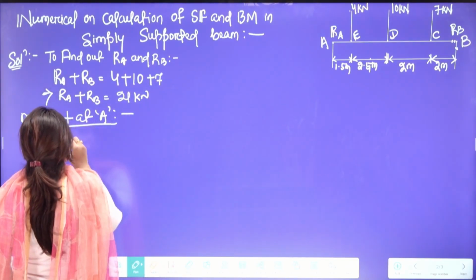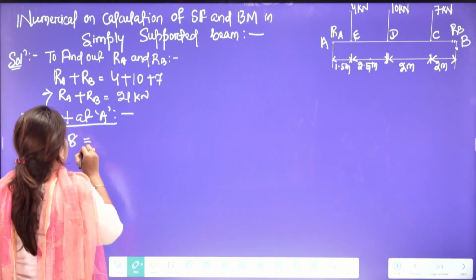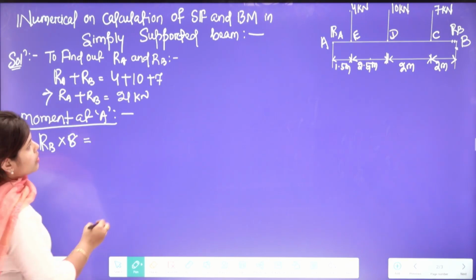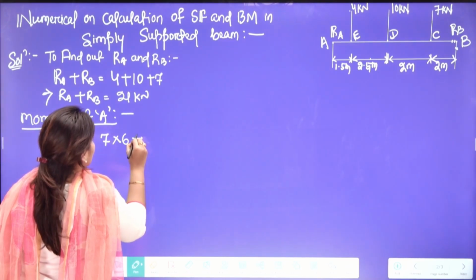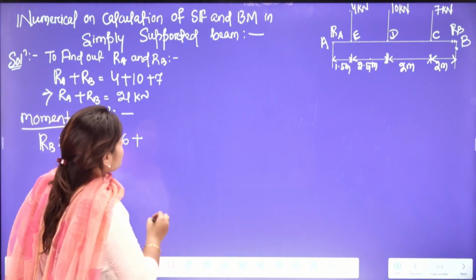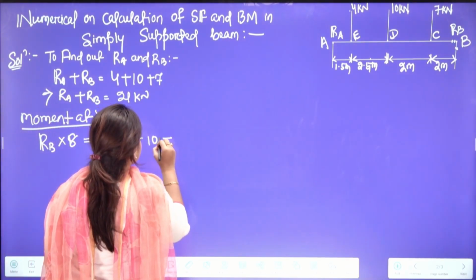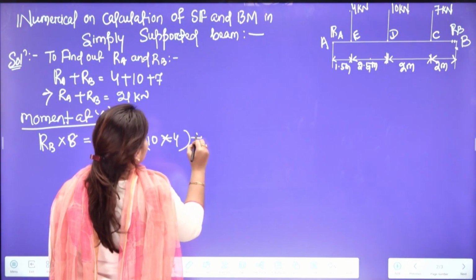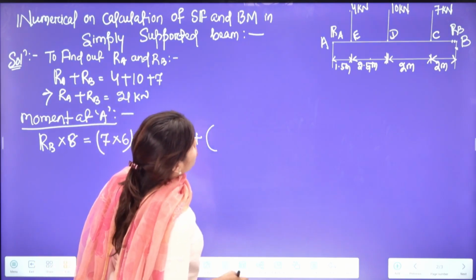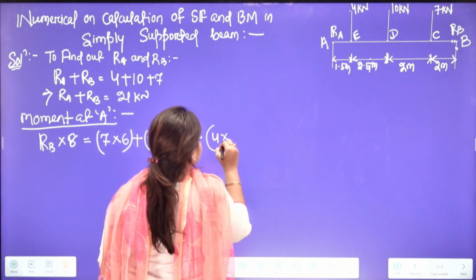So RB into 8 is equal to 7 into 6 plus 10 into 4 plus 4 into 1.5.